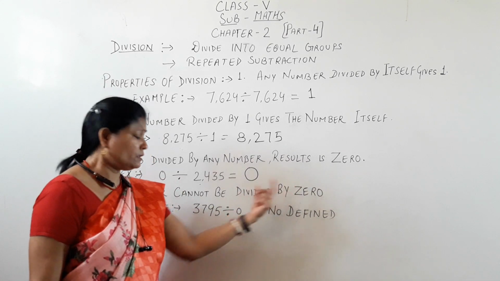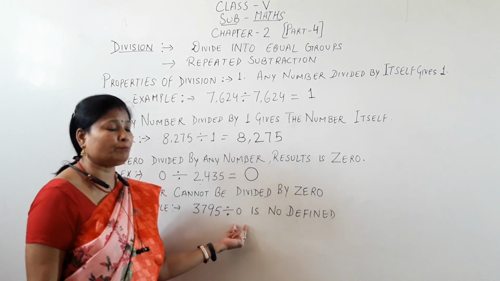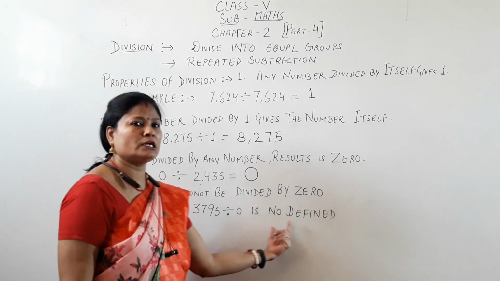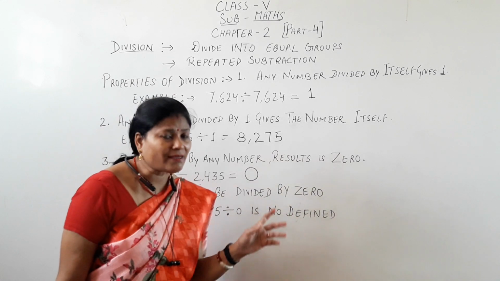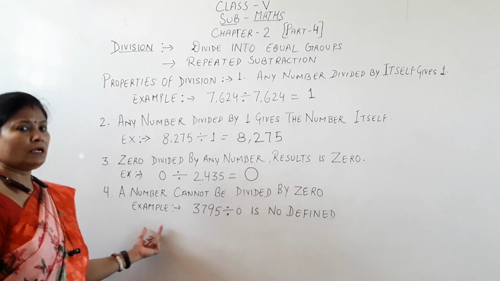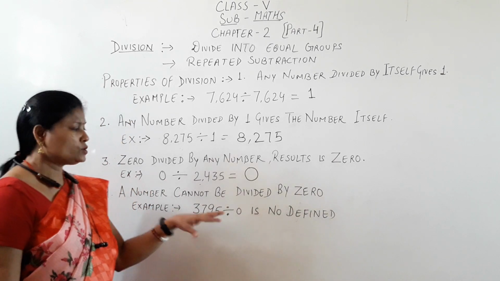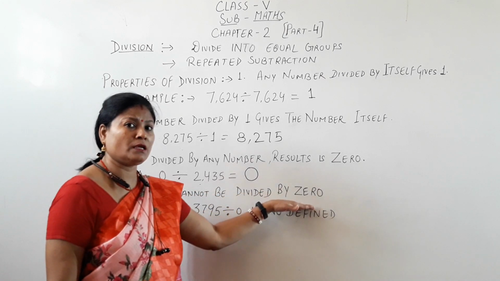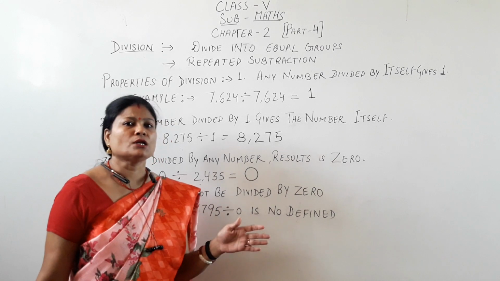If we divide any given number by 0, what will happen? It is not defined, means we don't know what the answer will be. So this is my important property: 0 can be a numerator but 0 cannot be a denominator.